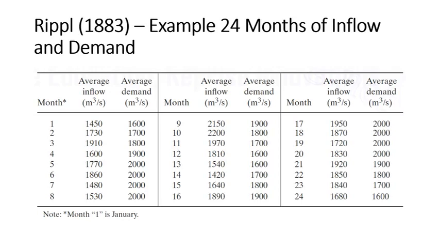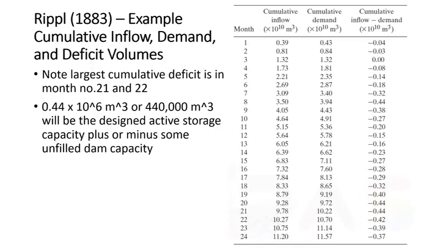Now from there, we calculate the volumes per month, which is not shown in the figure. And once we have the volumes per month, we then calculate the cumulative volumes.